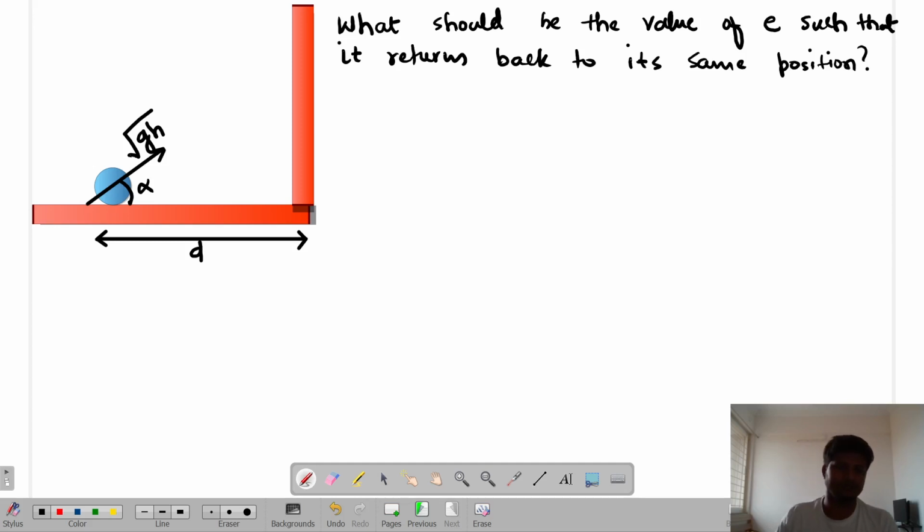Now, see, if I project it, the ball will go this way, isn't it? Then find the condition such that it returns back along the same trajectory. For what value of e actually?